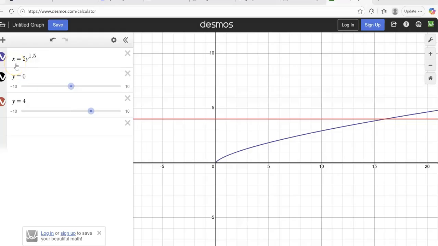So here's my graph, x equals 2y to the 3/2. There's our purple graph, and we're bounded by y equals 0 to y equals 4. So everything's in terms of y. So let's integrate this in terms of y. We're looking for the arc length of this piece of the graph, and it is a slight curve there.